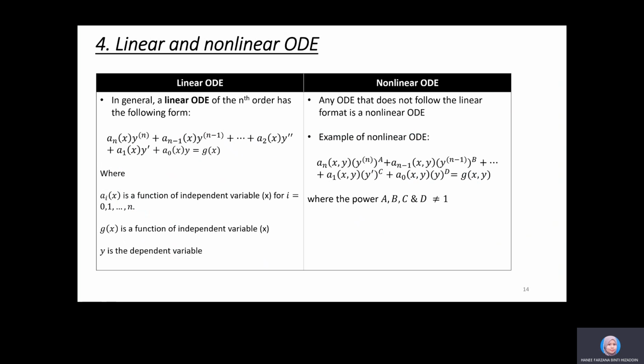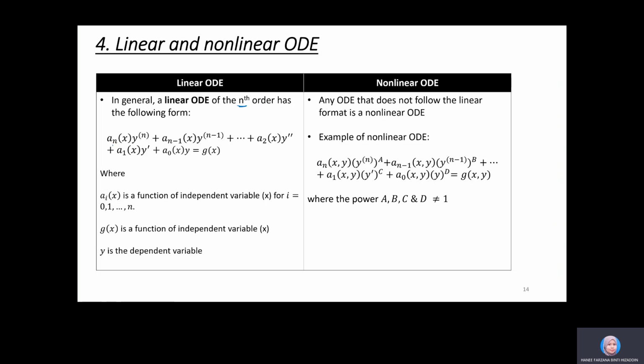PDE. Next, we distinguish between linear and non-linear ODE. How do we distinguish between linear and non-linear? In general, we have to write the ODE in the standard form. Let's say it's of the nth order.